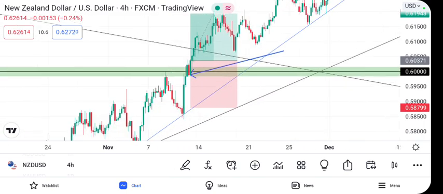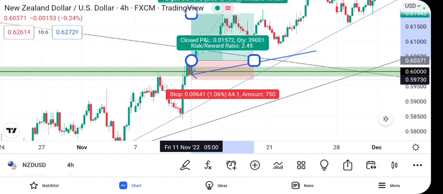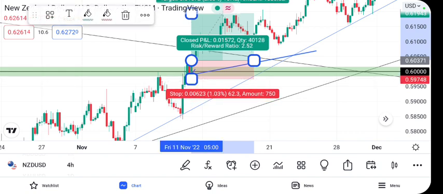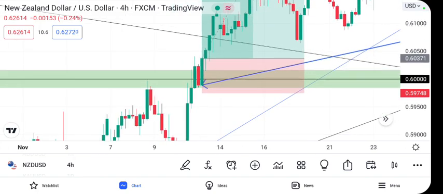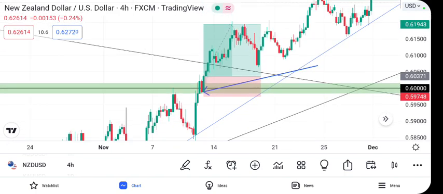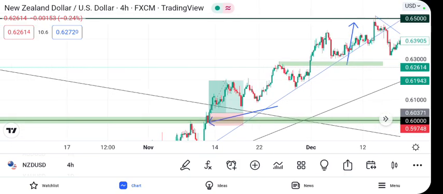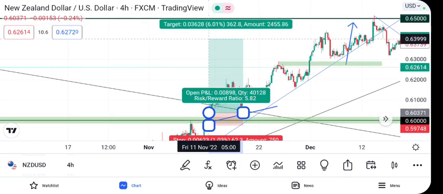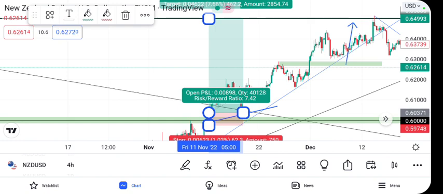So I put my stop loss a few pips below the last low. I put it there because, as you can see, there are stop hunts and things like that. So then I target my next level. What's my next level? My next level is 6.5. Yes, that's how I do it.